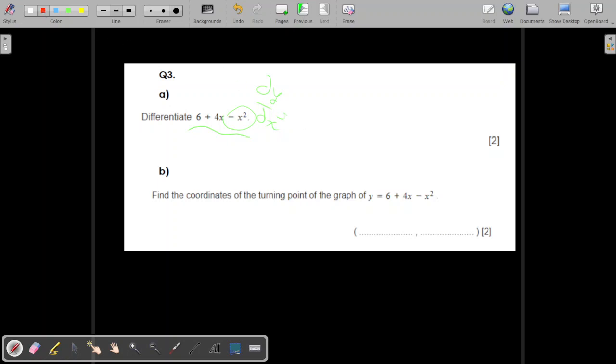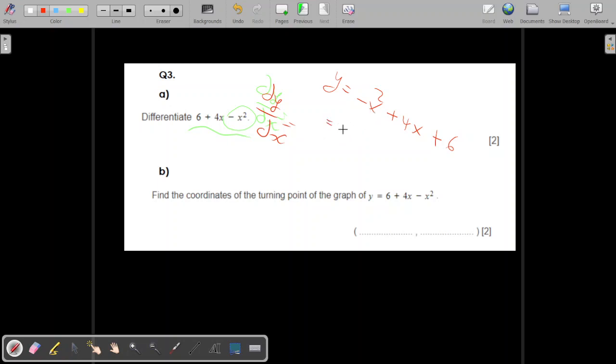So when you rearrange the equation, I'm going to use this color because it's clearer to you. Before I find delta y per delta x, first I'm going to rearrange the equation. It's going to be minus x squared plus 4x plus 6. So it's going to be equal to what?